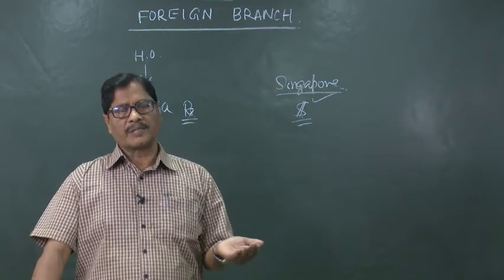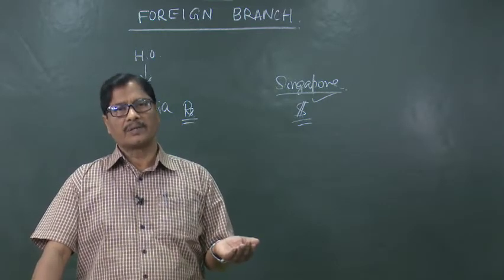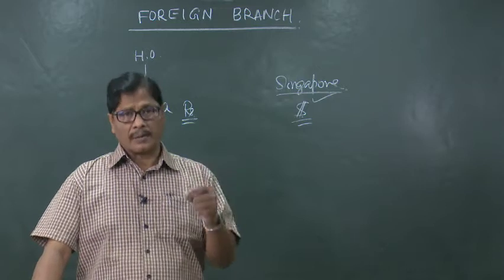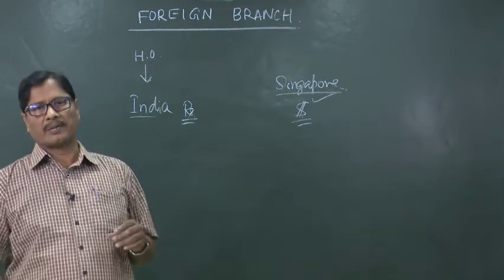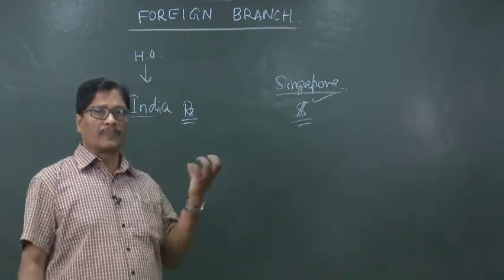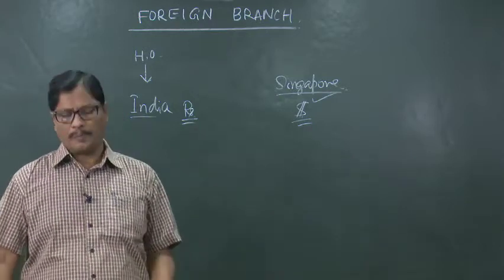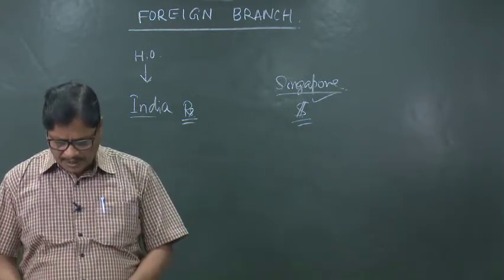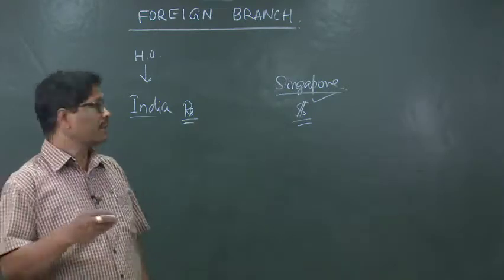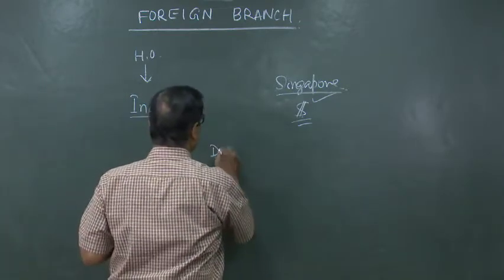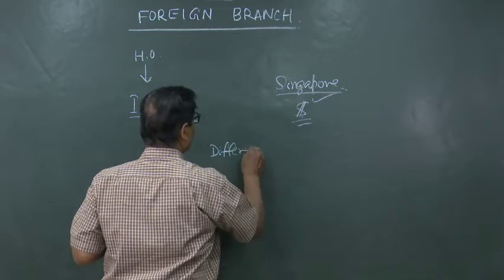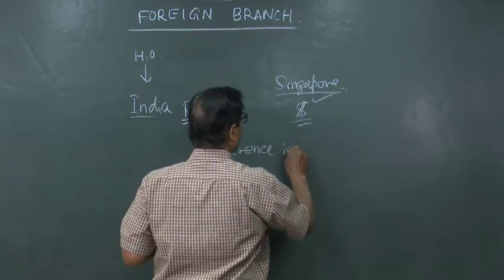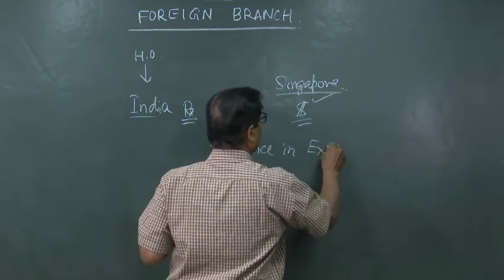Either there will be a difference in the debit side of the trial balance, or in the credit side of the trial balance. So, accordingly we have to fill that up, and that will be filled up by the difference in exchange account.